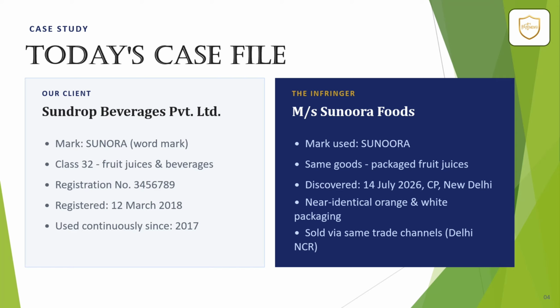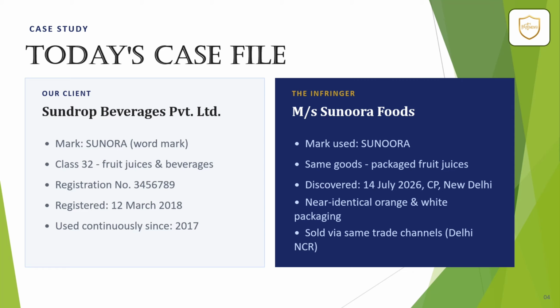Here you can see that the infringer is Miss Sonora Foods. They have used the same word mark with a change in spelling, an extra O, which is SUNOORA. They are selling packaged fruit juice under this mark, which was discovered on 14th July at a retail outlet in CP, Delhi.